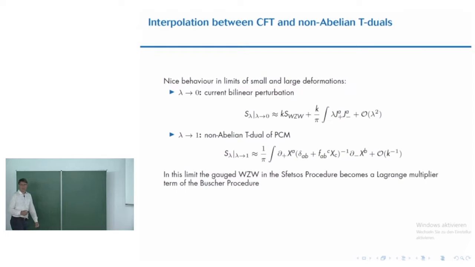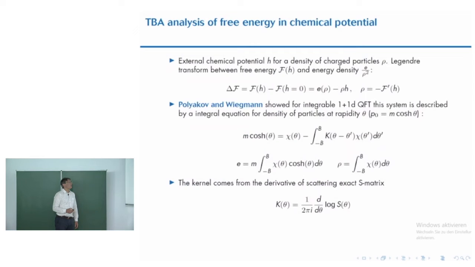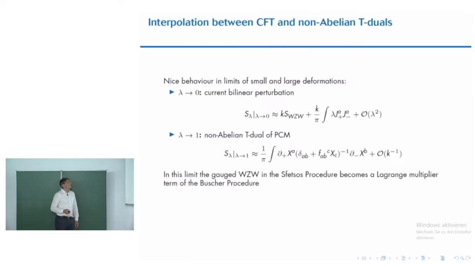It's not a marginal deformation. Or you can take lambda goes to 1, so big deformations, and you recover the principal chiral model, or in fact the non-abelian T-dual of the principal chiral model. But I think that's enough for now. Just know it's a deformation of the Wess-Zumino-Witten model that preserves integrability.